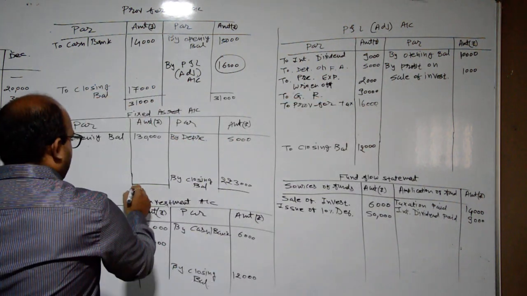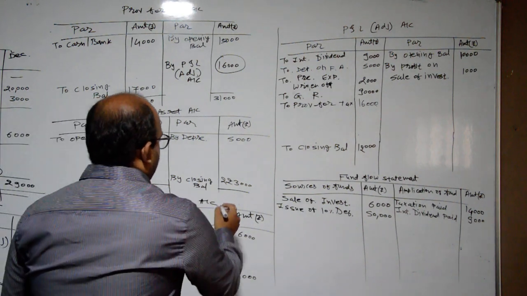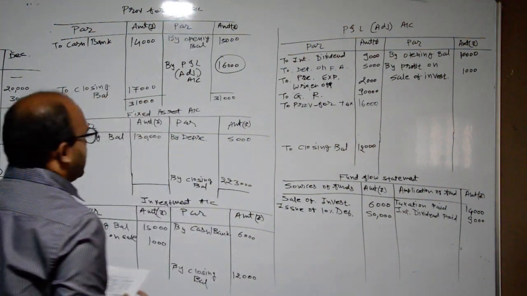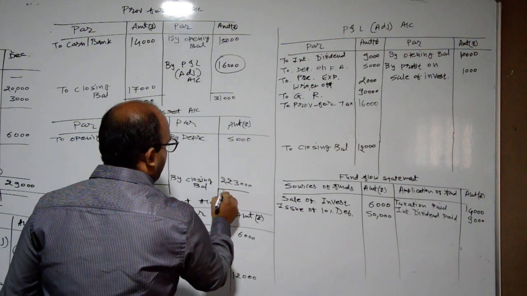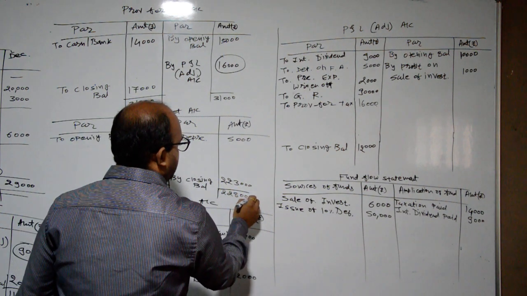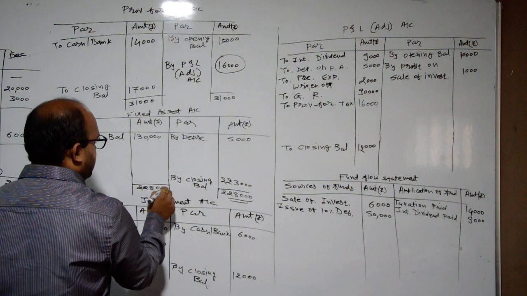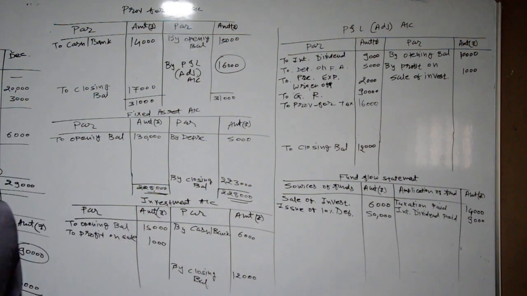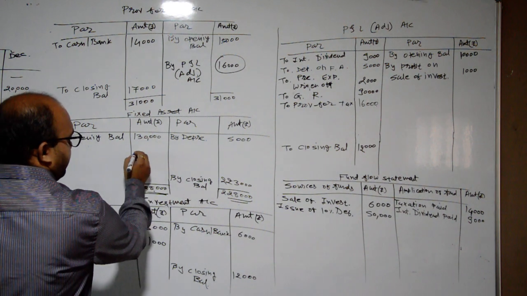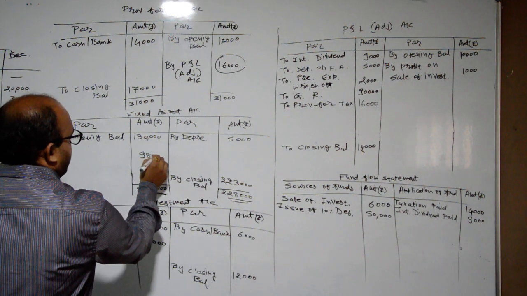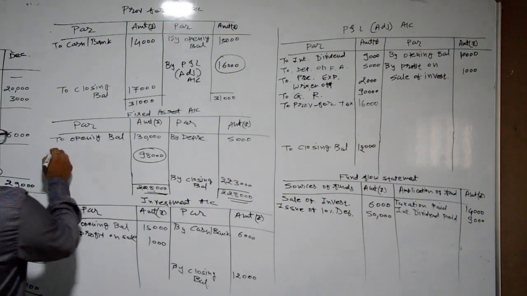Okay, then fixed asset account 2,28,000. Here 2,28,000 minus 1,30,000 means 98,000. So we have purchased fixed asset.